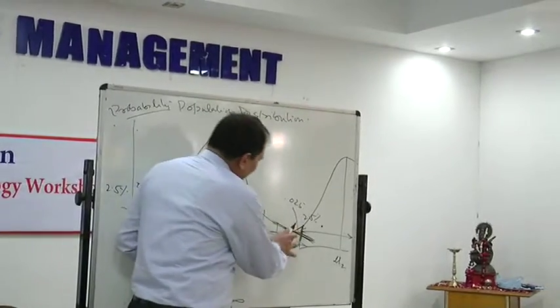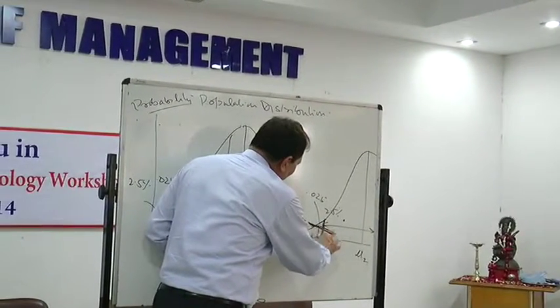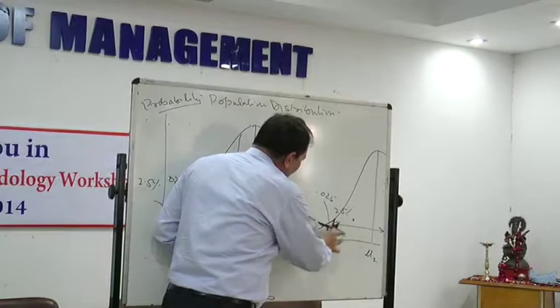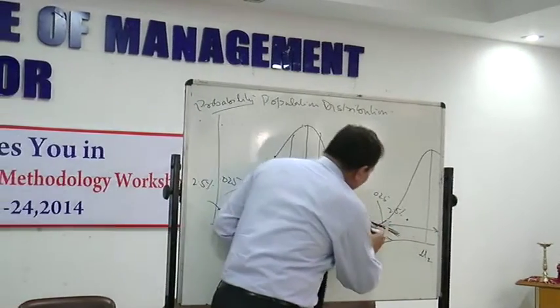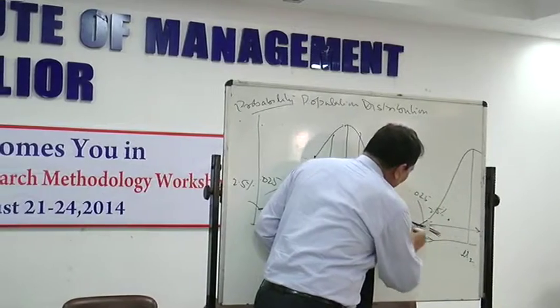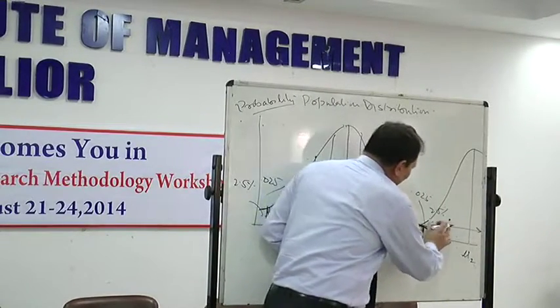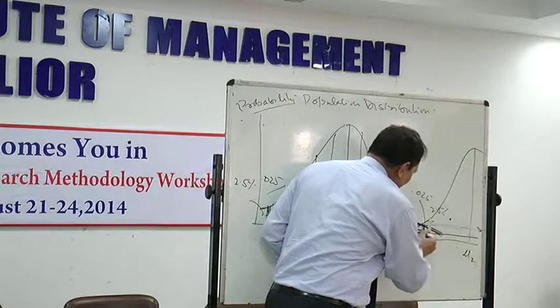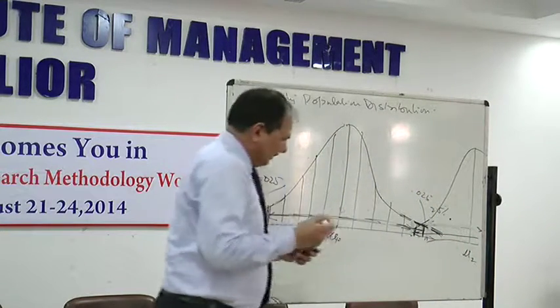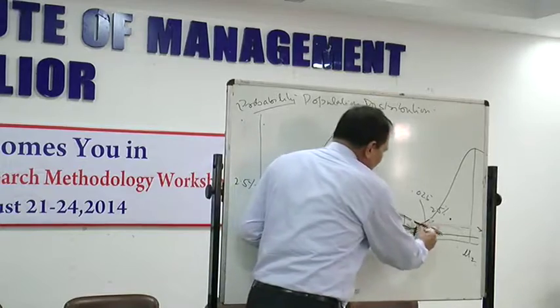This cutoff might go to this place, and this cutoff might come there. Now the left side acceptance has gone up to there, and the right side acceptance has come up to here. There is an overlap now. That means now there is no difference between the two populations.